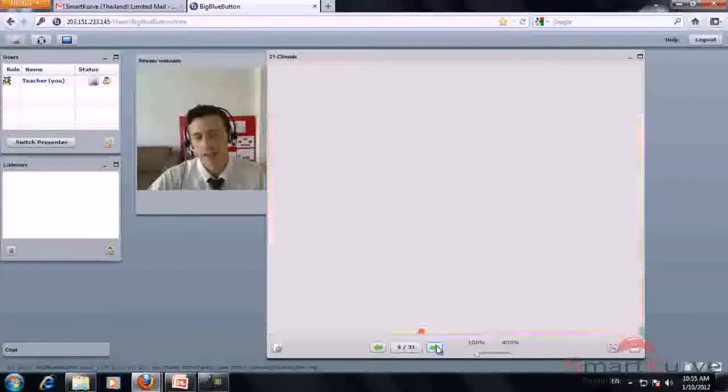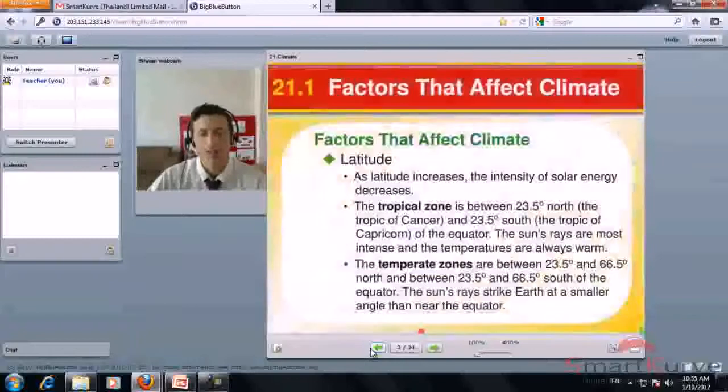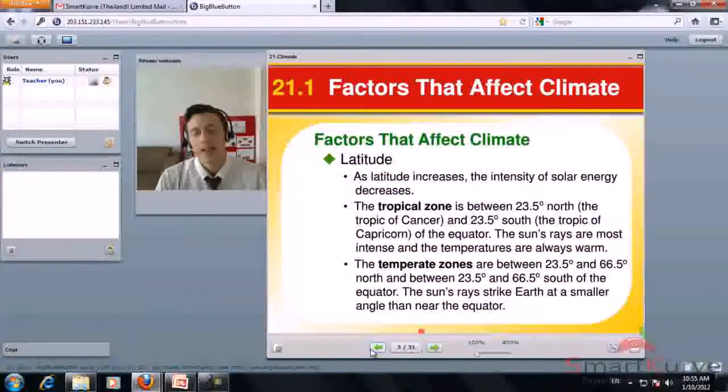Now you can see this if you're on slide 4. We have a picture of the globe. You can see that the equator is that line going around the center of the Earth, and the latitude there is 0. So here on slide 4, you can see that as latitude increases, the intensity of solar energy decreases.